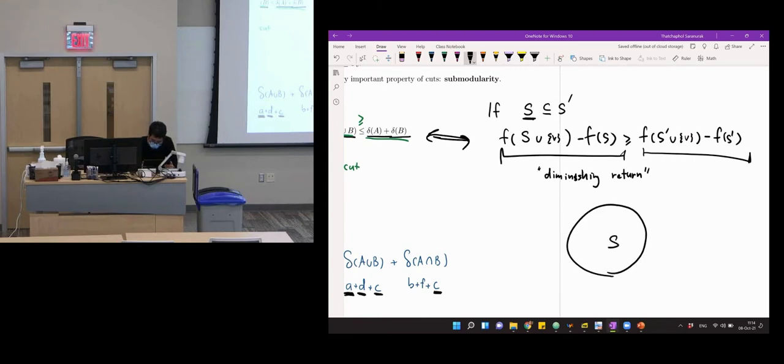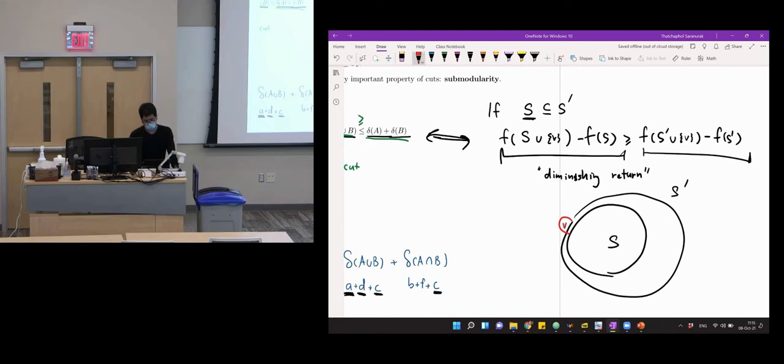Because if this is S and this is S prime, how would you verify this again, actually? You take S union V as A and S prime as B. Like when we add some vertex V to S, V is outside both of them.